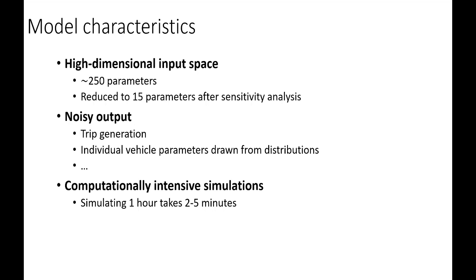We know that it's noisy, out of processes such as the generation of trips, the realization of individual vehicle parameters from a distribution, as well as other things such as public transport timing, and all sorts of randomness exists inside this model. And it's computationally intensive: simulating 1 hour of real time takes approximately 2 to 5 minutes.